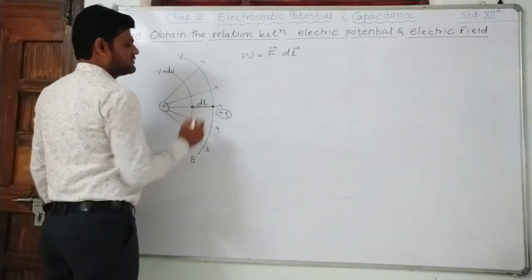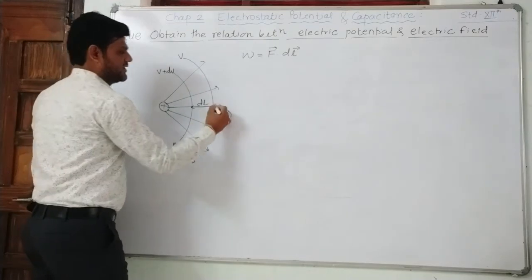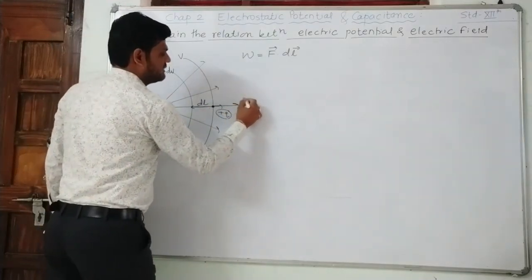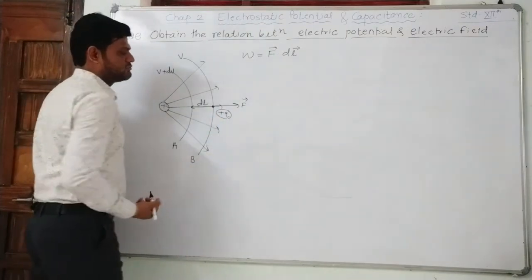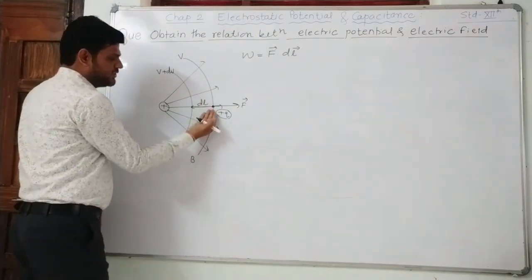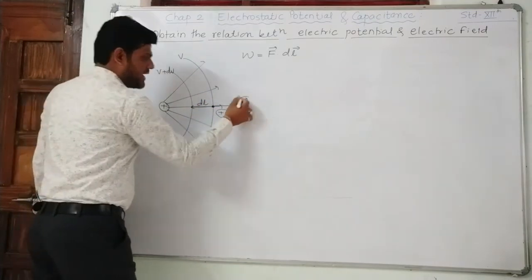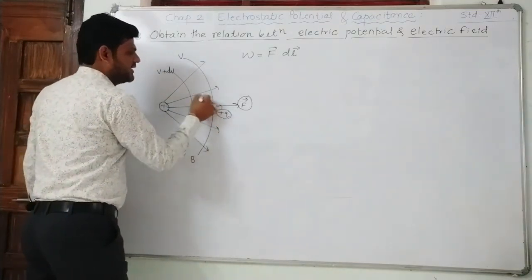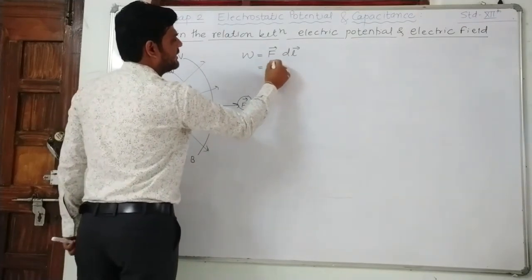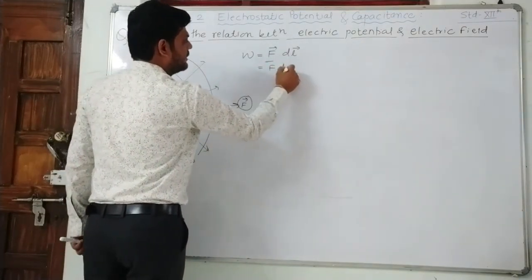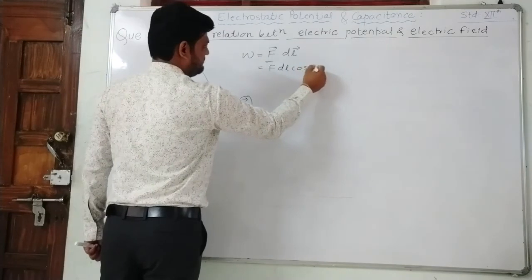Students, what is the force acting on the plus Q charge? The force acting on the plus Q charge will be repulsive, as it is plus. Repulsive force will be acting and the displacement is toward the plus Q charge. So the angle between the F vector and dl vector is 180 degrees, W equals F into dl cos 180.